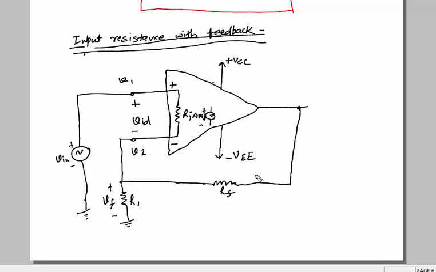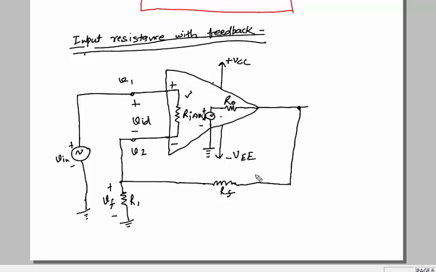So V naught equals A into VID, and we are going toward the output. The output resistance of the op-amp without feedback is R naught, and this is the input resistance Ri without feedback.